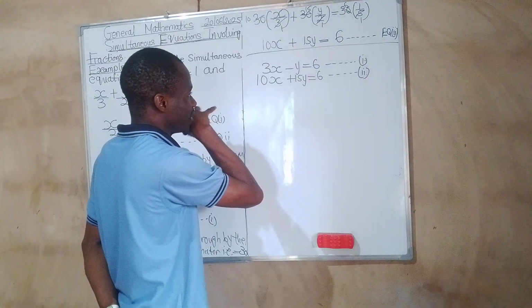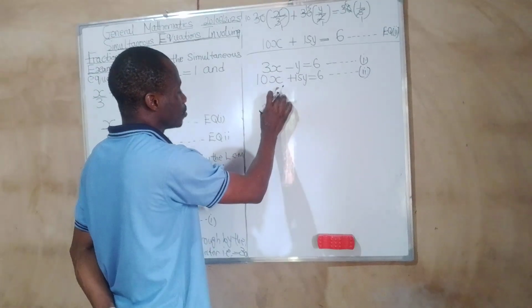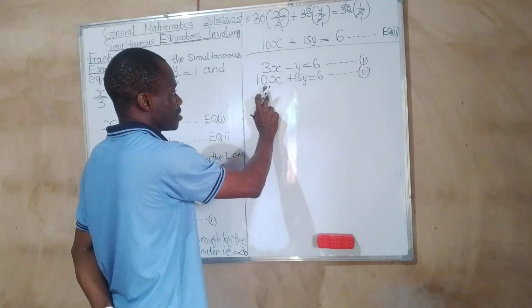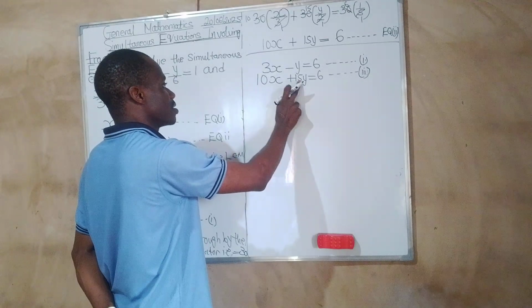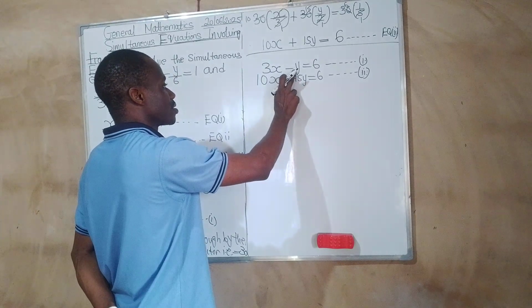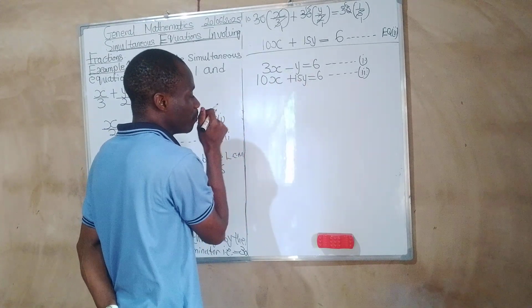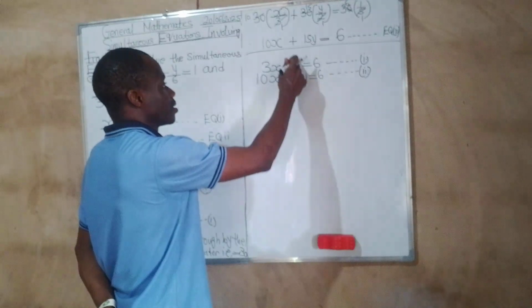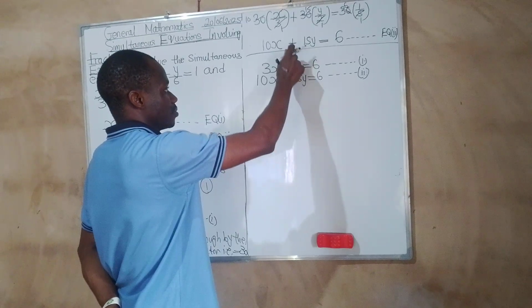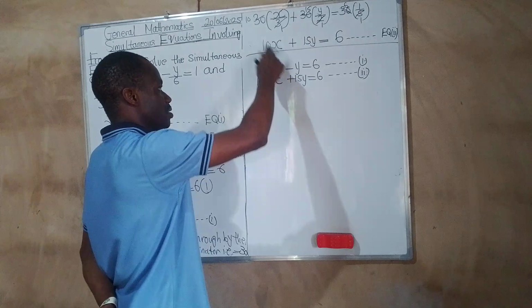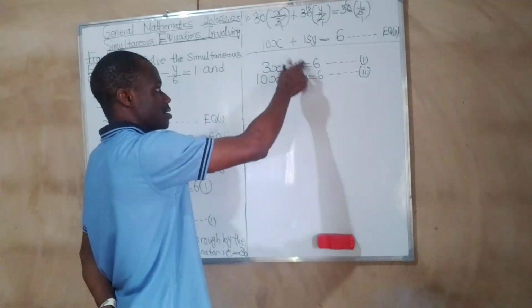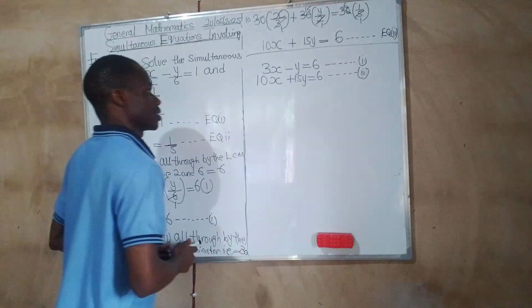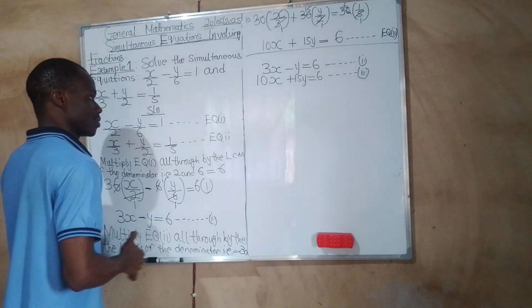So for us to eliminate, look at equation 1 and 2. Here is 10, here is 3, here is 15, and here is y, 1. So for me to make both these places 15, remember the first one we did was x. So let's do y this time around, so our viewers can learn faster on how to eliminate this.